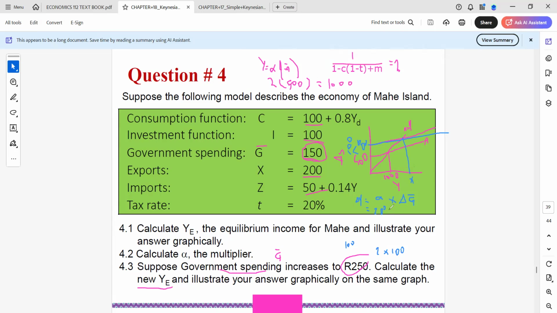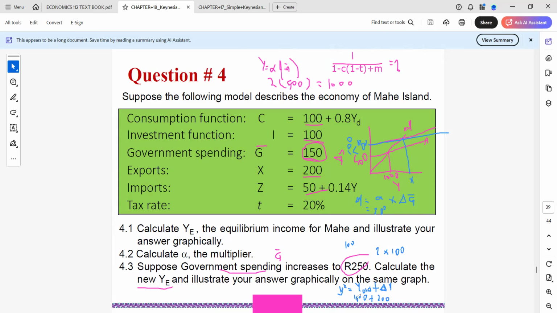The second step of the equation is that to get your equilibrium income, your Y star or Y0, you take your Y old and then you add the change in Y. Our Y old is 1,000, plus the change in Y, which is 200, because we calculated it.